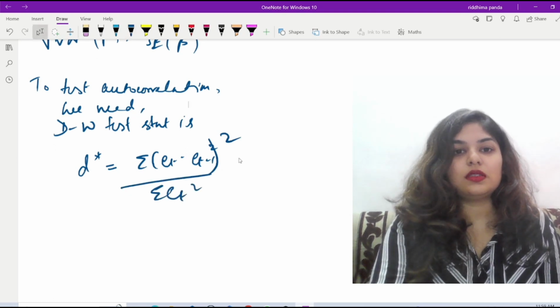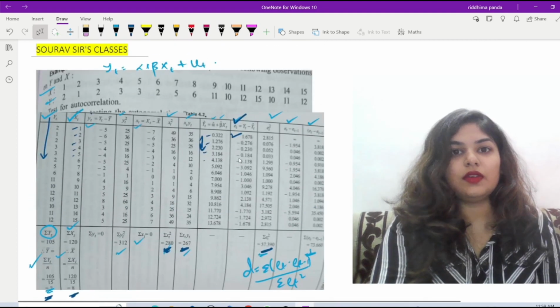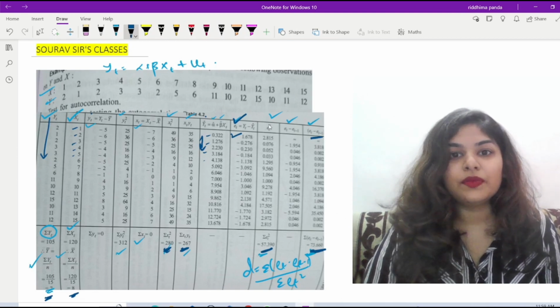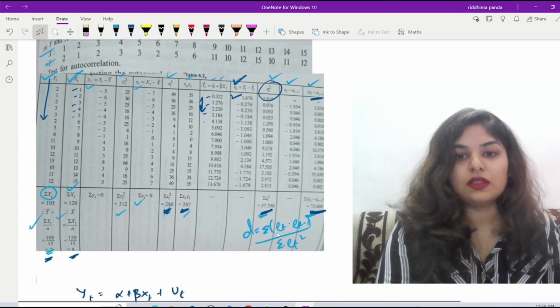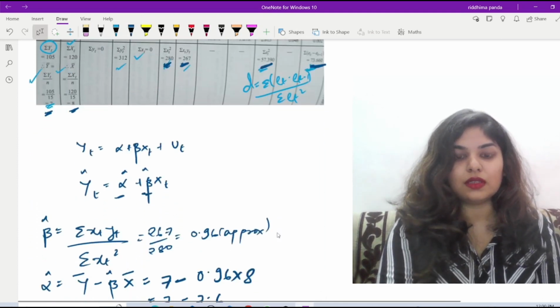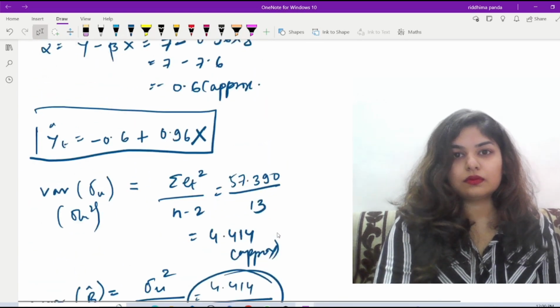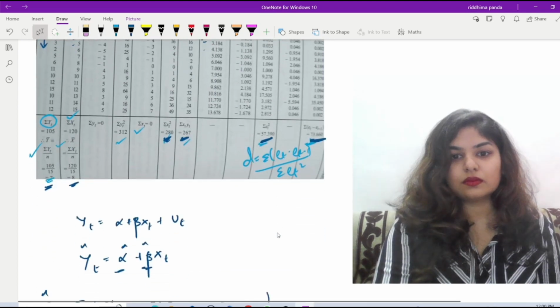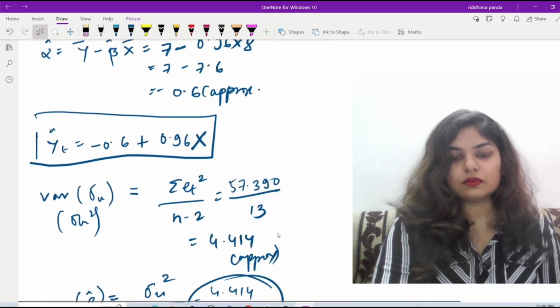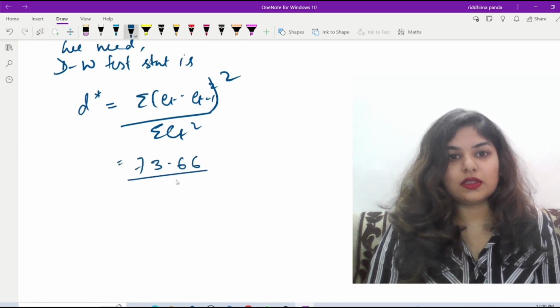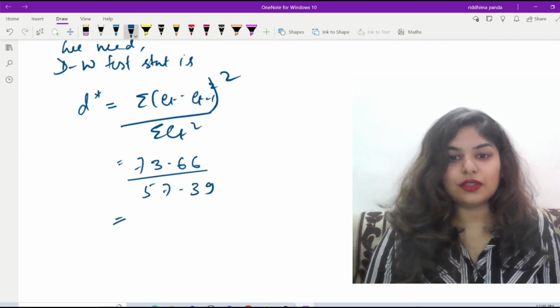From the table, the squared deviation sum is 73.660 and summation e_t square is 57.39. So 73.66 by 57.39 approximately.